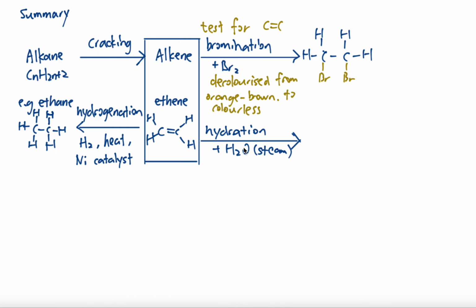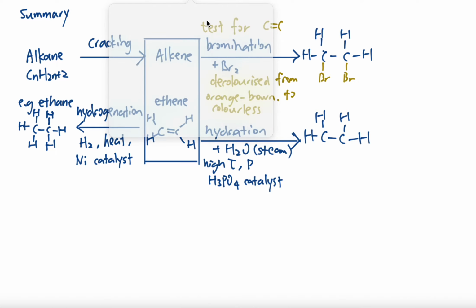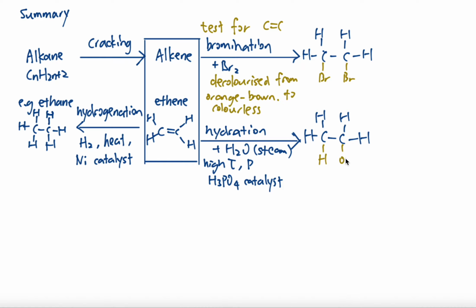This reaction involves high temperature, pressure, and a catalyst of phosphoric acid. Again, you keep the 2 carbons and the 4 hydrogen atoms and add on the water molecule. You can split up the water molecule into a hydrogen and an OH group, and this will become an alcohol.